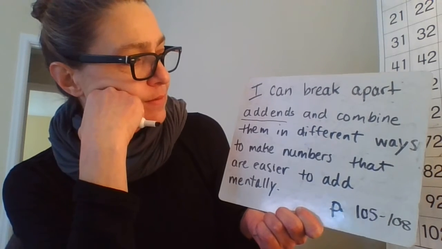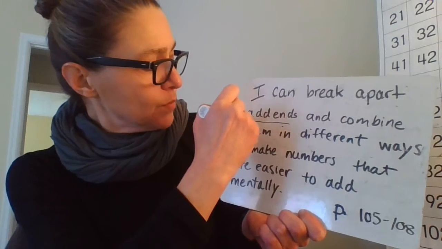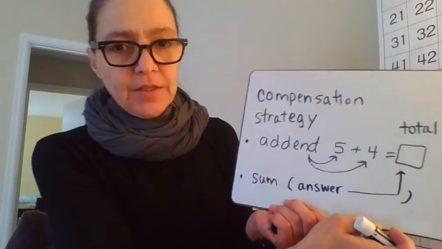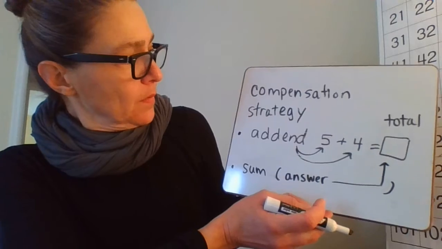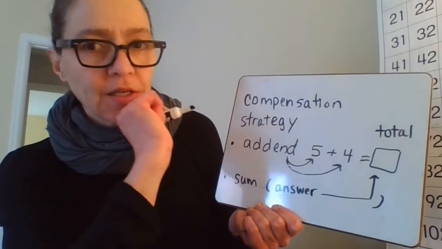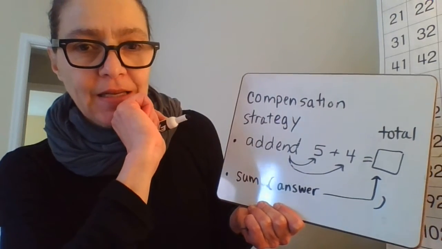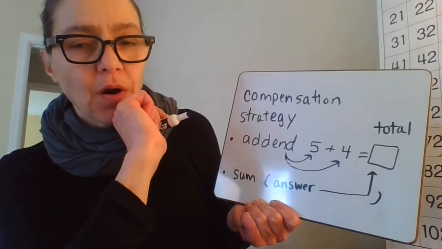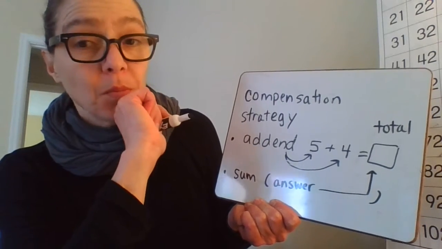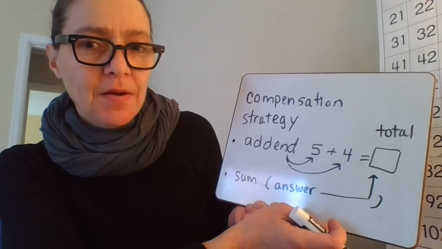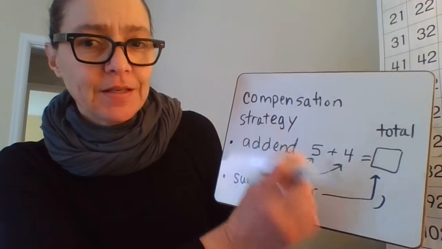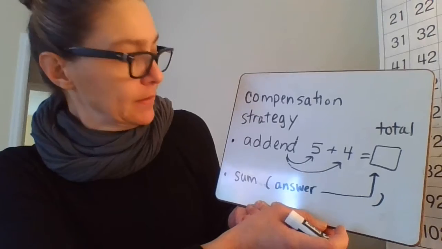Okay, so addends is one of your vocabulary words. So is compensation strategy, and so is the word sum. The compensation strategy is what you're learning today, and that means you are moving around the values in the addends to make them easier, friendlier numbers, friendlier to add.